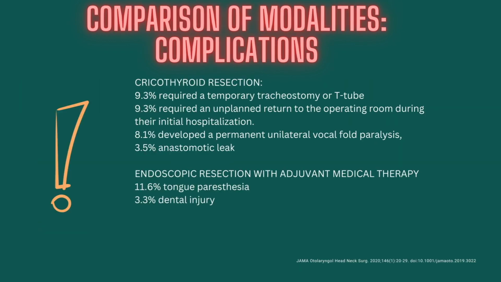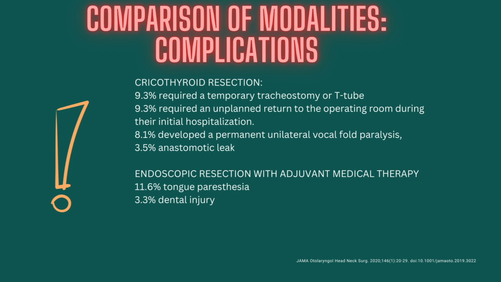In regard to the complications of the three different modalities, the cricotracheal resection has the highest complications. 9% of the patients require temporary tracheostomy or T-tube. 9% of the patients had to come back to the operating room, and 8% of the patients developed permanent unilateral vocal cord paralysis, and 3% of patients had anastomotic leak.